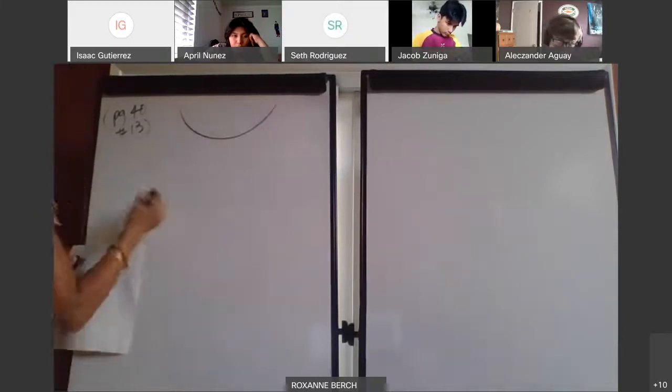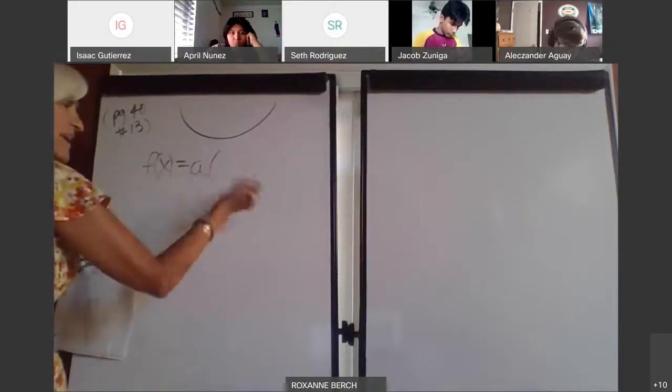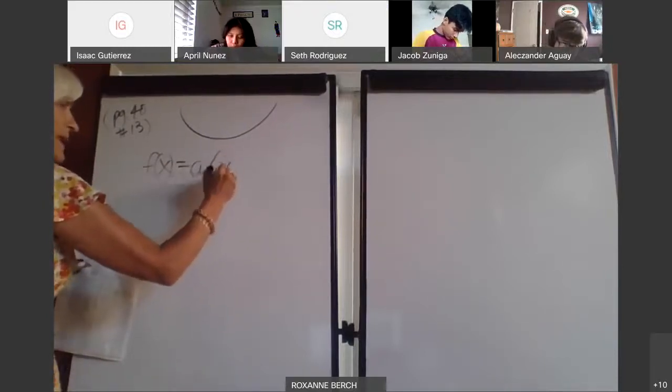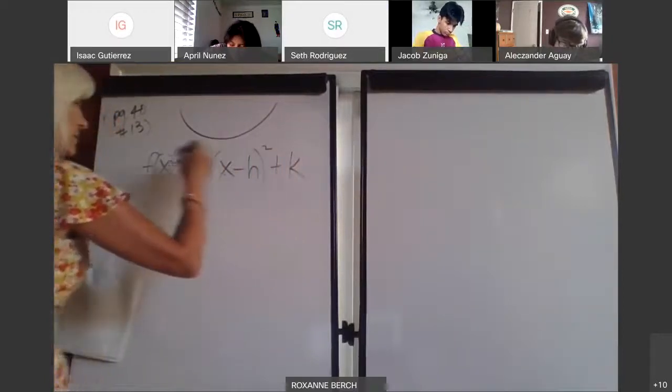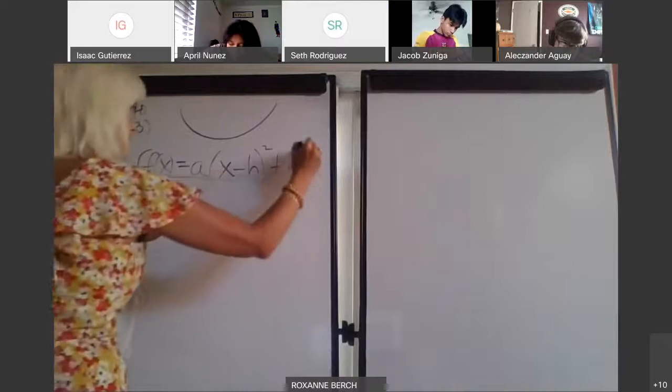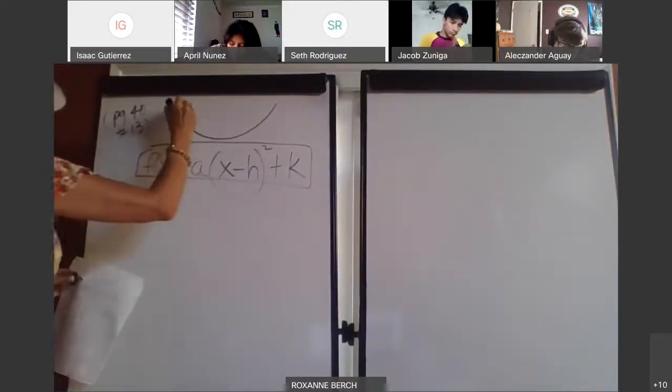So as soon as they say that, you know it's a quadratic function. And like I said, in this section, they're making B 1 all the time. If B is some other number than 1, you'll know it.